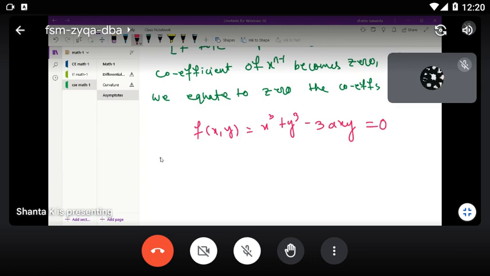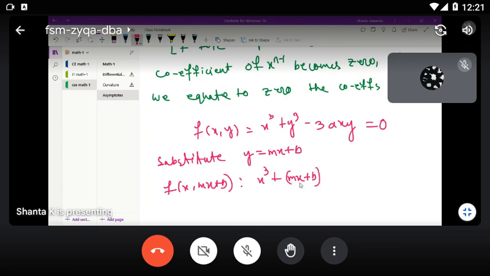Now the first thing we will do is substitute y equals mx plus b in the equation. So f of x, mx plus b, will be x cube plus (mx plus b) cube minus 3ax(mx plus b), and this equals 0.